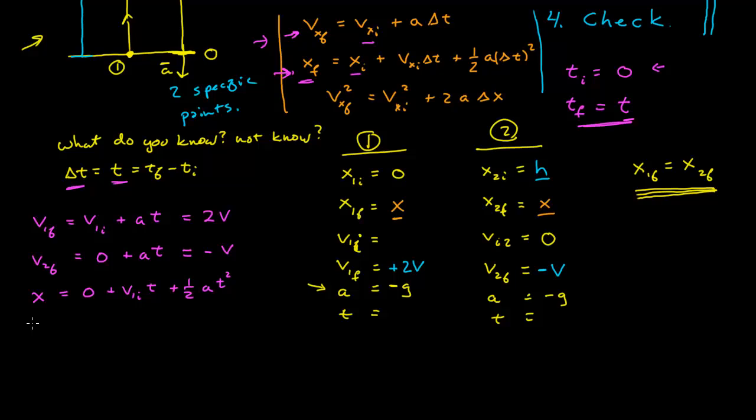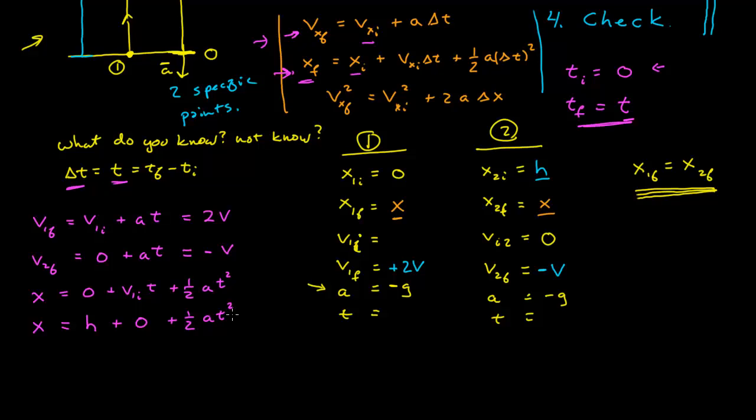And the final position of particle 2, which is also x, is equal to its initial position, which is h, plus its initial velocity times time, which is 0, plus 1/2 a t squared.